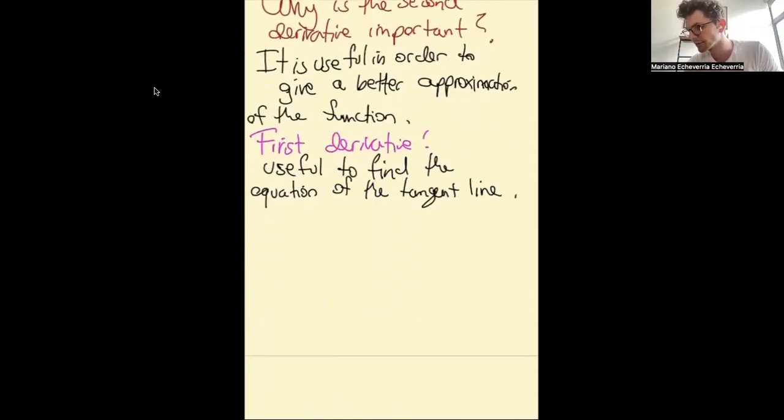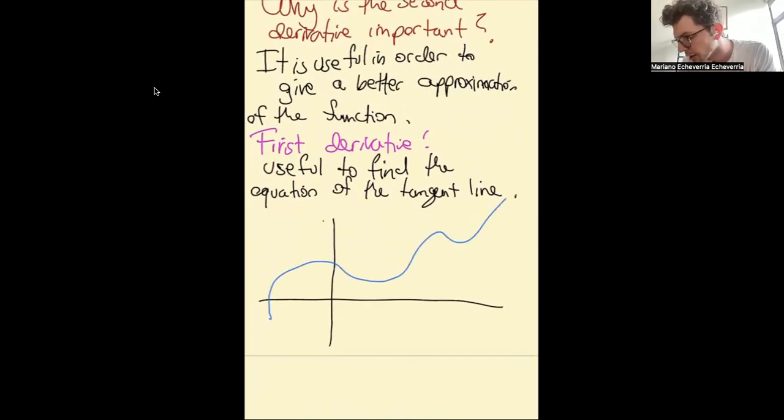So what was the equation of the tangent line? This can get confusing if I don't do it the right way. If you have the graph of the function here, let's say you have a point A. What was the equation of the tangent line?